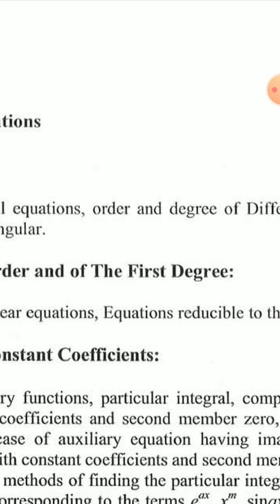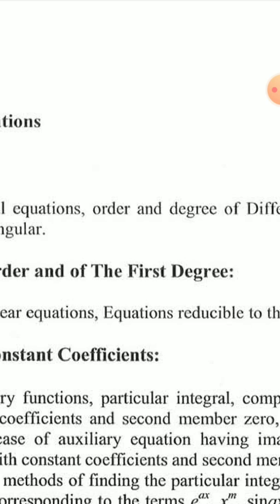If you have an equation d2y by dx square is equal to 0, in this case the derivative is a second order derivative, and therefore this is a second order differential equation. Okay. Then degree.